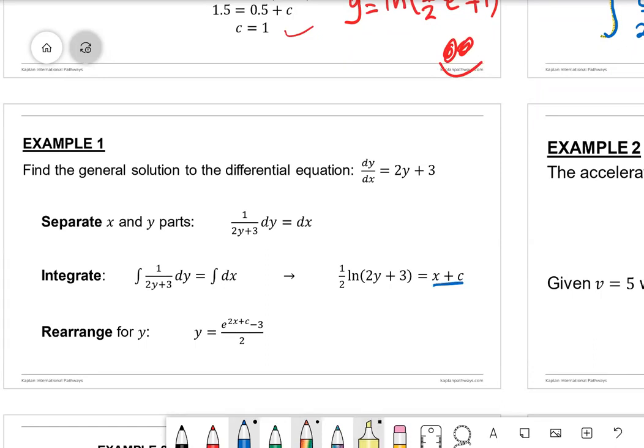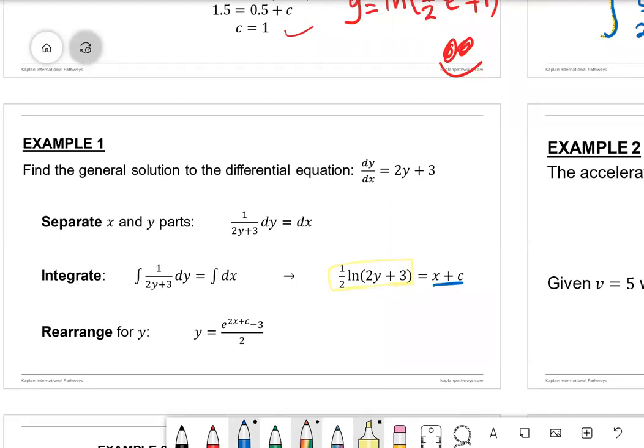And the integration of 1 over 2y plus 3 is 1/2 ln 2y plus 3. Do you know why it's ln 2y plus 3? Yes or no?